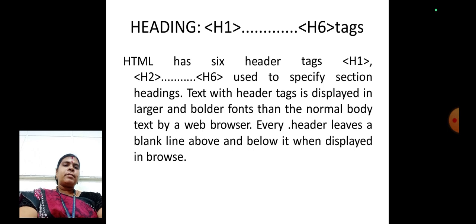Heading tags. HTML has six header tags: H1, H2, H3, H4, H5, H6. Used to specify section headings. Text with header tags is displayed in larger and bolder fonts than the normal body text by a web browser. Every header leaves a blank line above and below it when displayed in the browser.